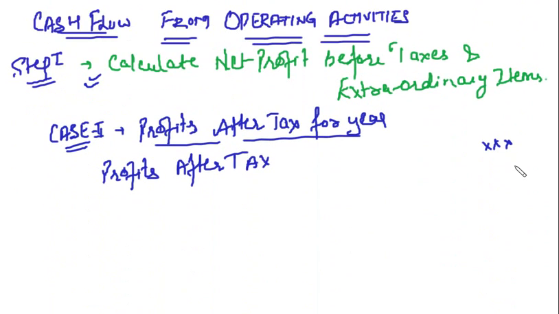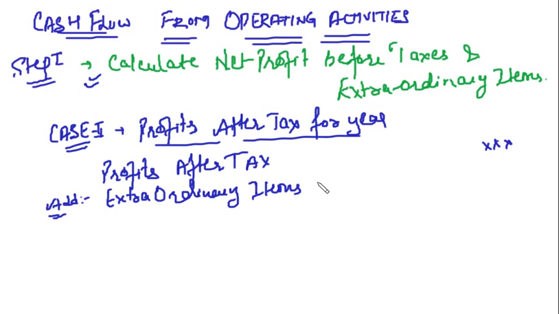We will add back in this profits after tax. We will say add extraordinary items debited. The expense that has been debited as extraordinary items, we will add back. Anything else we will add back?